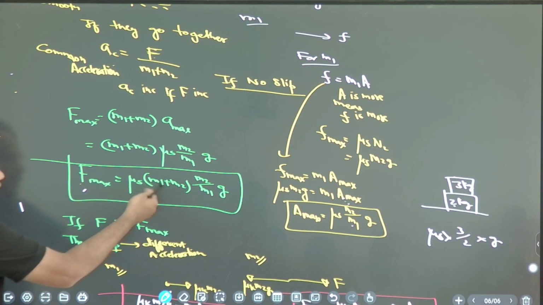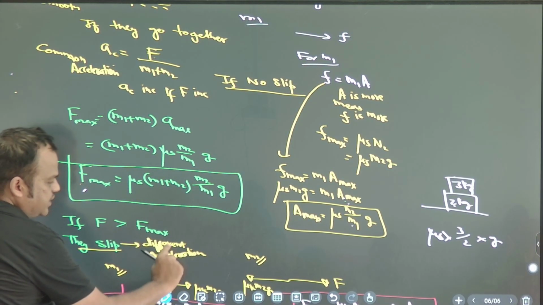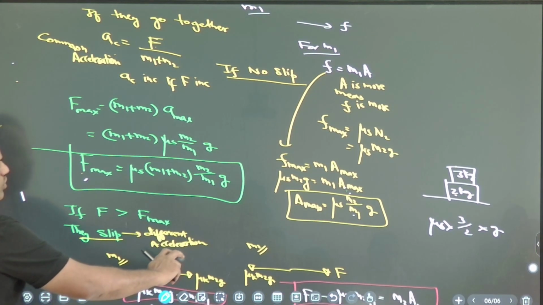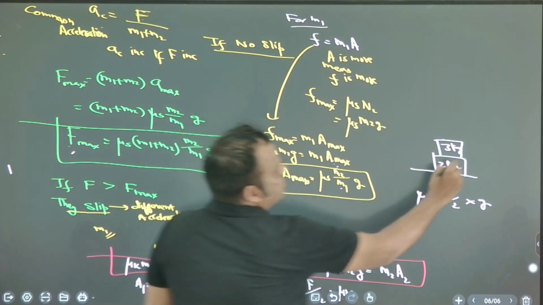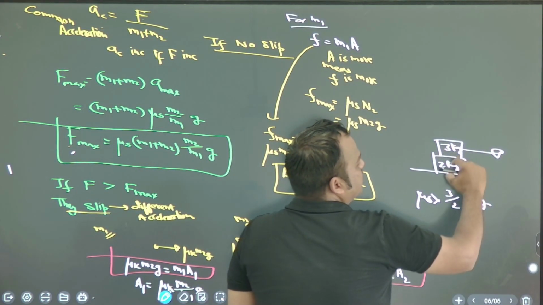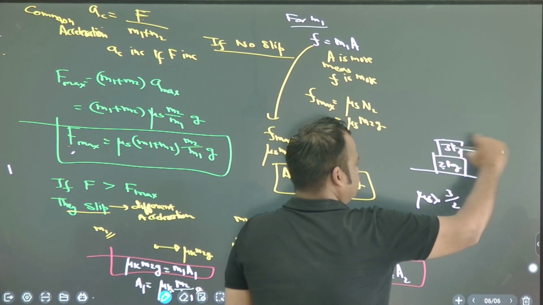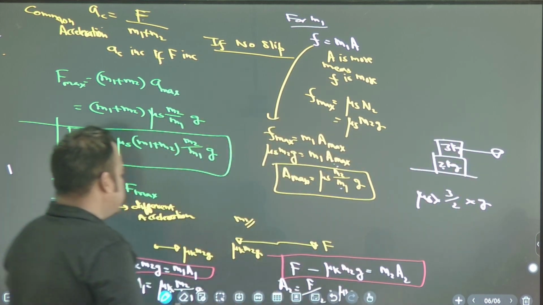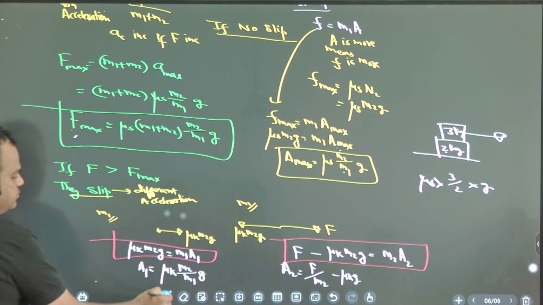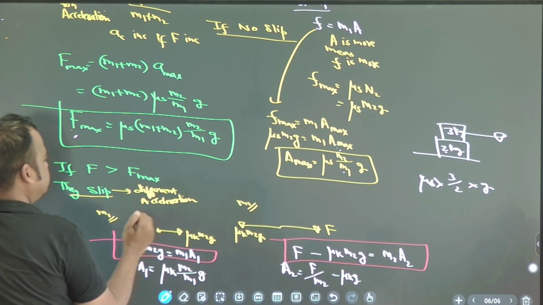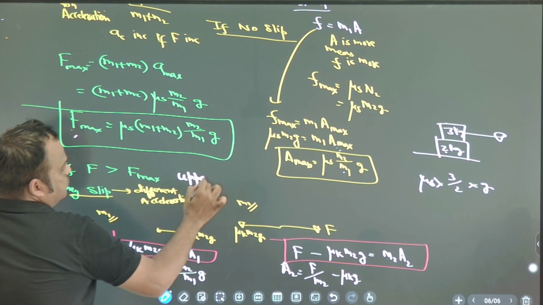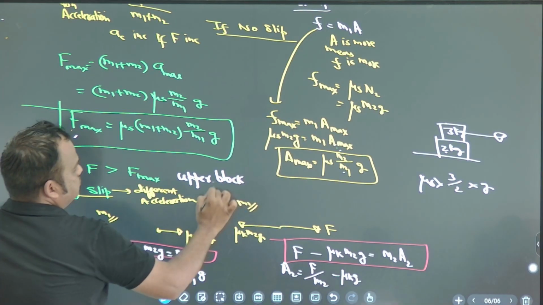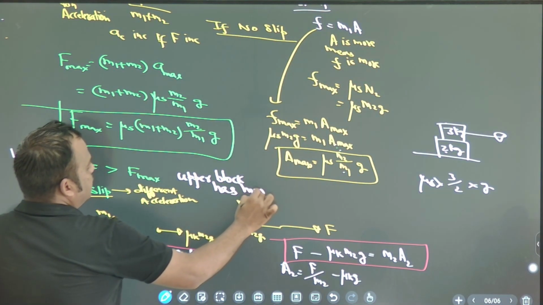If force is more than this, there will be different accelerations. Which has more acceleration, upper or lower? Force is acting on the 3 kg. Which has more acceleration, 3 or 2 kg? 3 kg has more acceleration. So you can write this down also: the upper block has more acceleration.